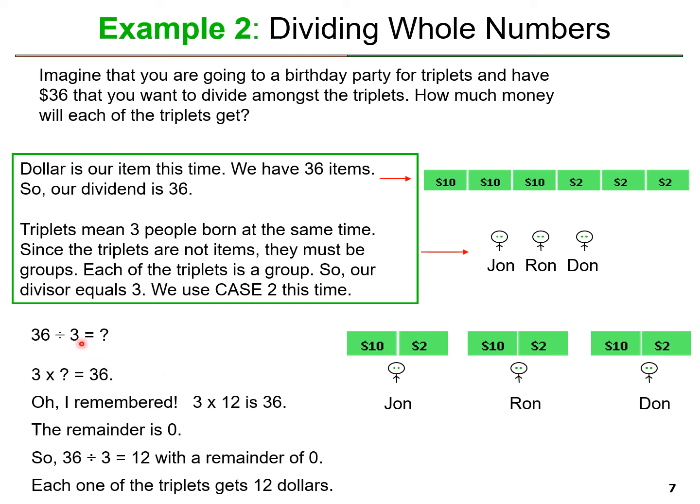We know that we have 3 groups. So how many items are going to be in each group? We're going to have $12 or 12 items in each group. Happy birthday, John, Ron, and Dunn. At this point, hopefully you can see that we cannot perform division if we do not know our multiplication tables.